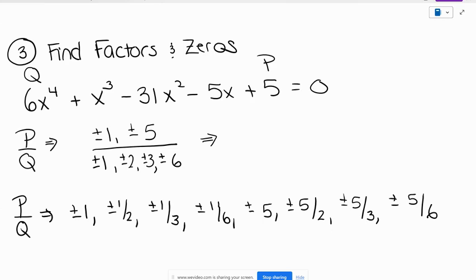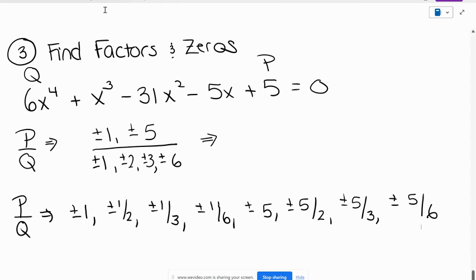So what we want to do is find 2 of these that work. Once I find 2 of them that work, that means I can use synthetic substitution how many times? Twice, to find the remaining ones. So where do I go now? Into my calculator.